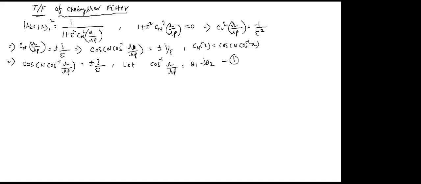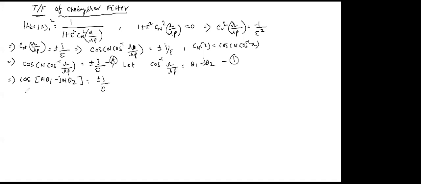Then just put in this equation A. If you put it in this equation, then what you will get? It is cos of n, if you multiply this, what you will get? nθ1 minus jnθ2 equals plus or minus j by epsilon.